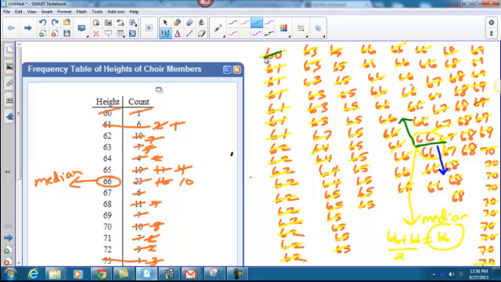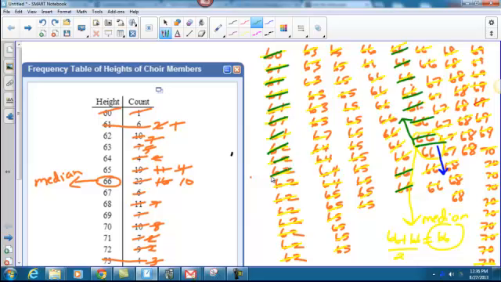So this 60 is going to cross off with this 66, this 61 with this 66, and I'm going to continue to do this until I find the median. So this will just take a little while here. It makes it a little bit difficult when you have so many numbers, but not too bad. See how I'm going to the bottom of this list when I start crossing them off here?